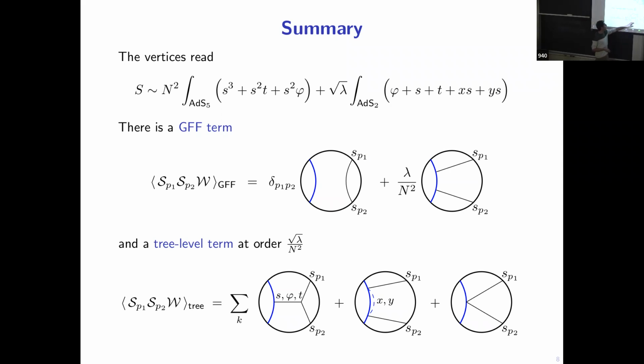So in the first one, I'm using one of these 3-point vertices in the bulk. And then I can exchange either S, phi, or T, and then each of them can be absorbed by the string worldsheet. Then in the second type of diagram, the idea is that the local operator is going to excite some fluctuation in the string worldsheet, and then this is going to eventually emit some closed string.